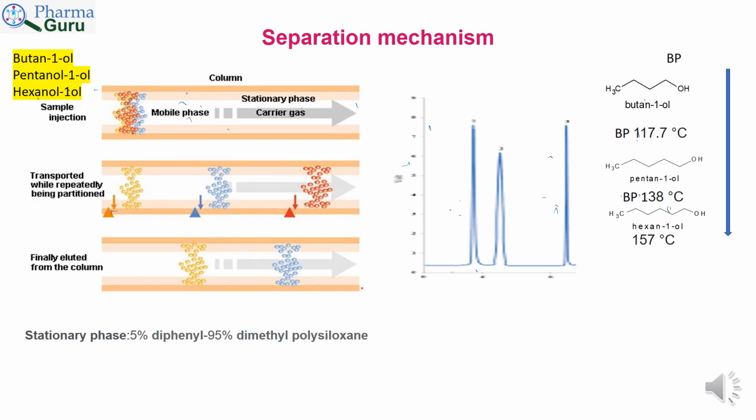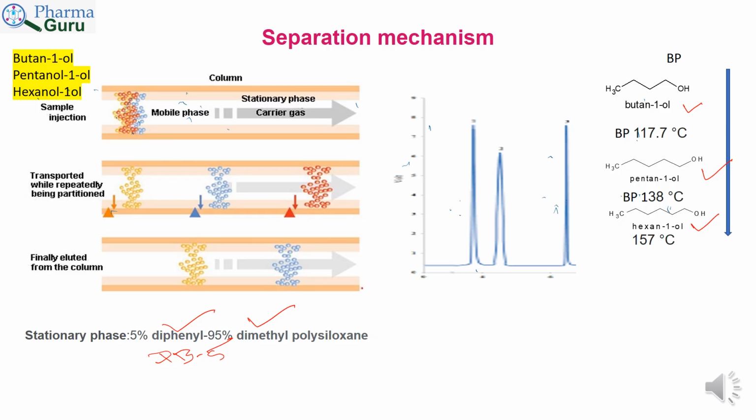Now I am going to discuss the GC separation mechanism. Let us assume the sample contains butanol, pentanol, and hexanol, and we have to separate them on a DB5 column, which contains 5% diphenyl and 95% dimethyl polysiloxane.